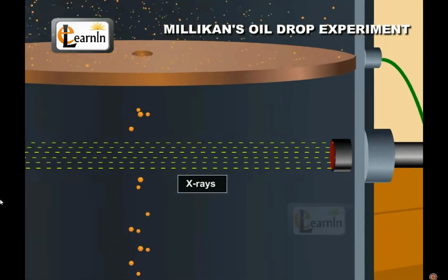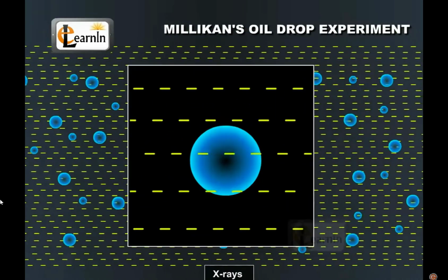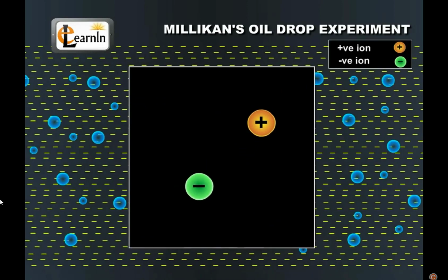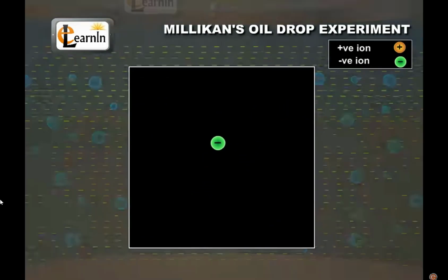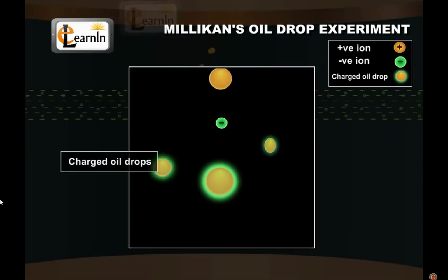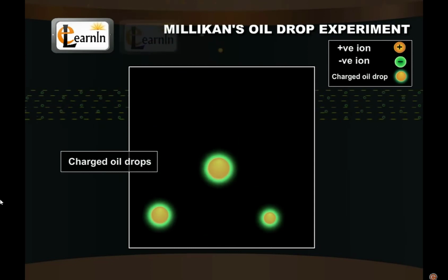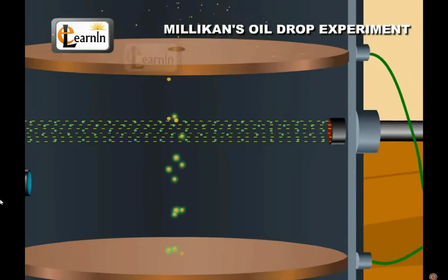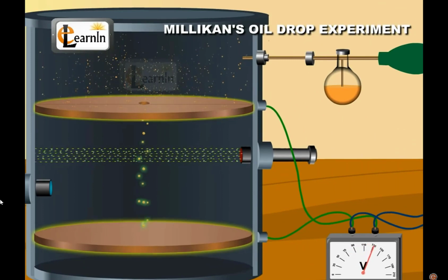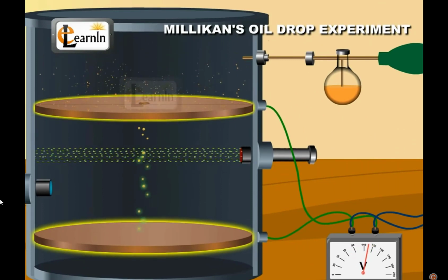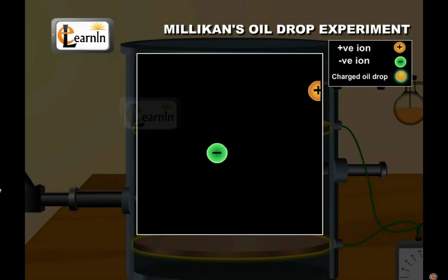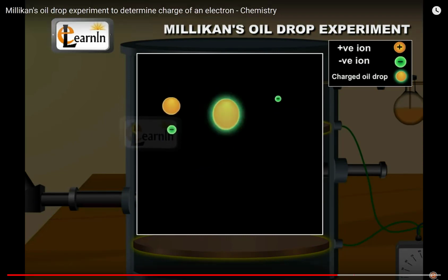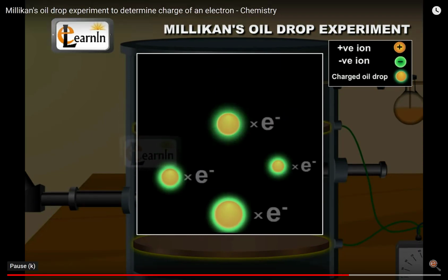X-rays were passed through the chamber to ionize the air inside. On colliding with gaseous ions, these oil droplets acquire charge. The rate at which these droplets fall can be controlled by changing the strength of applied voltage to the plate. With this experiment, he observed that the magnitude of electrical charge Q on the droplets is always a multiple of electrical charge E.